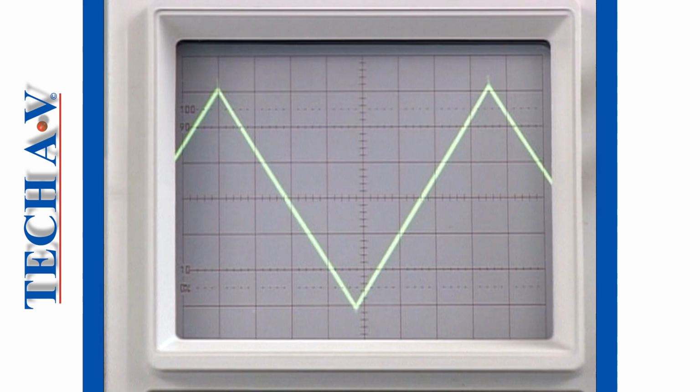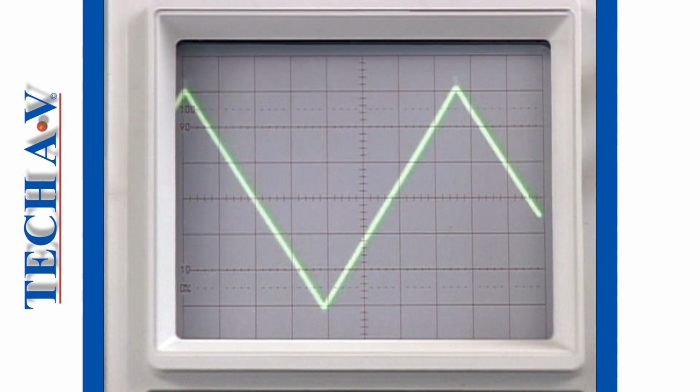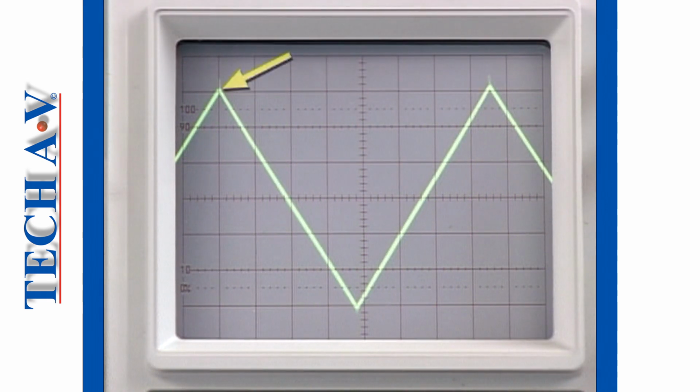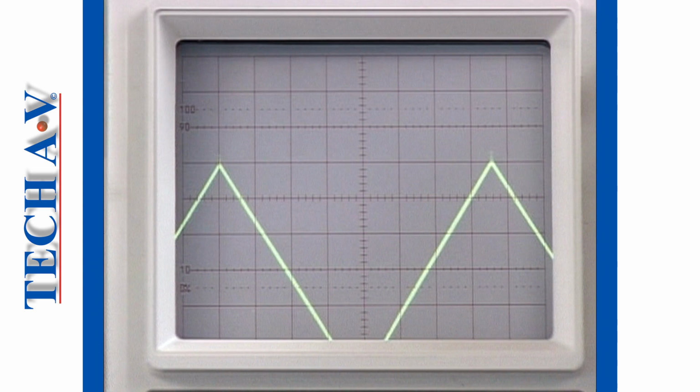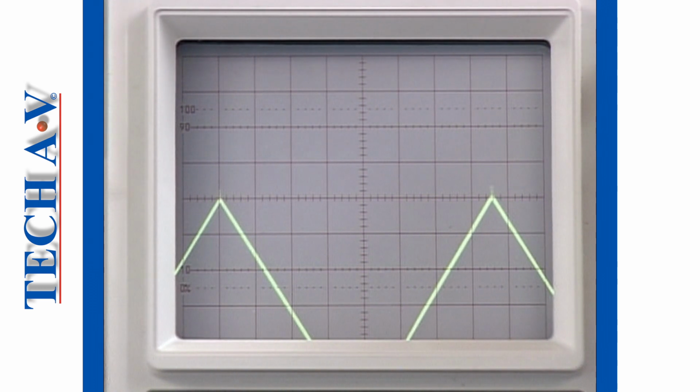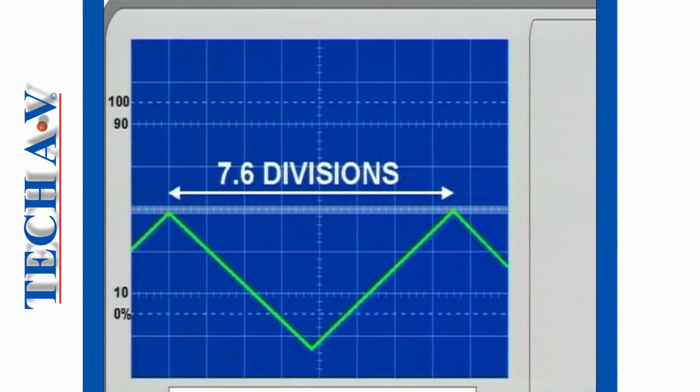Adjust the horizontal position of the waveform so that a positive peak coincides with a convenient vertical graticule line. Adjust the vertical position of the wave so that the tips of the positive peaks touch the horizontal center line. The period is determined by counting the number of divisions and subdivisions between adjacent positive peaks.